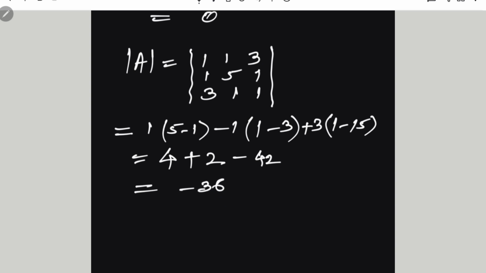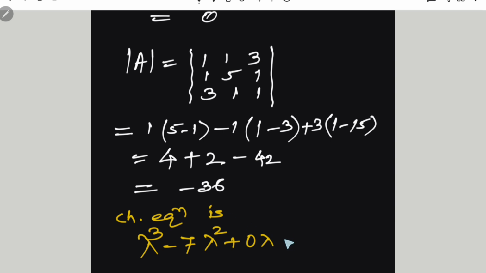Substituting these values in equation 1, we get the characteristic equation as lambda cube minus S1 lambda square, S1 is 7, S2 is 0, so 0 lambda, and minus determinant of A, minus and that minus becomes plus 36 is equal to 0.